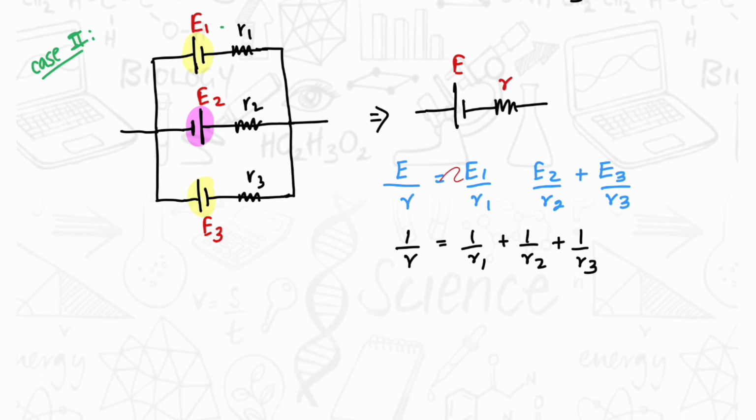So when we take the equivalent resistance, it won't be a different one, it will be the same one. But if we take the electromotive force or the EMF, we will get a negative sign because it is in the opposite direction when compared to E1 and E3.